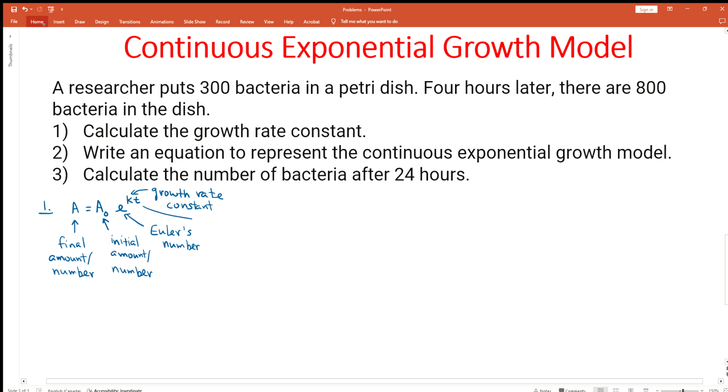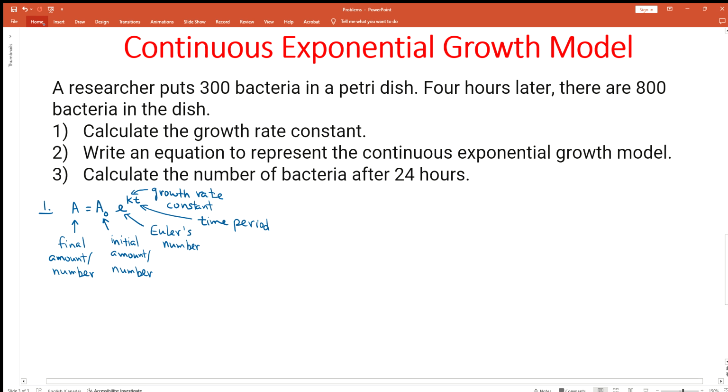T is the time period. The situation described in the problem is a case of growth because the number of bacteria are increasing with time. Different teachers use different letters for this equation for continuous exponential growth model, but the term definitions stay the same.